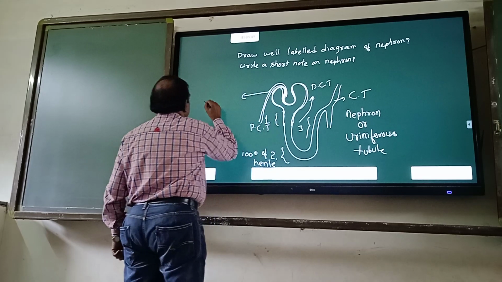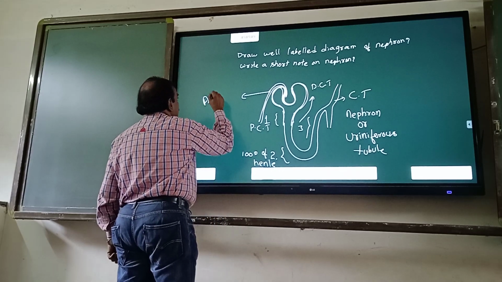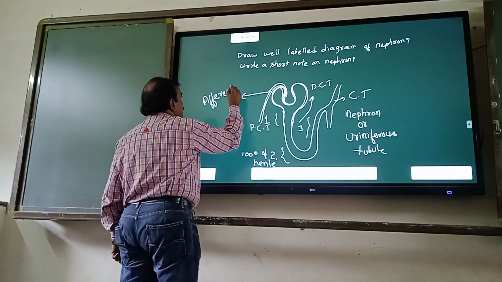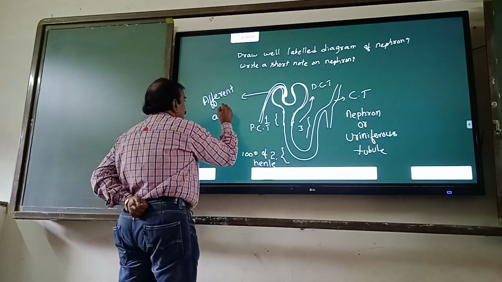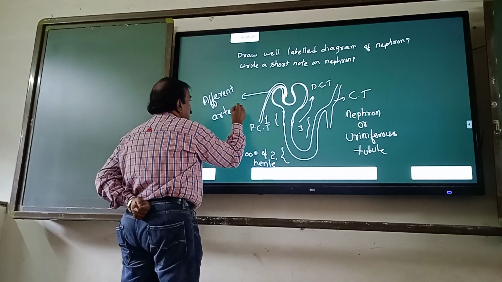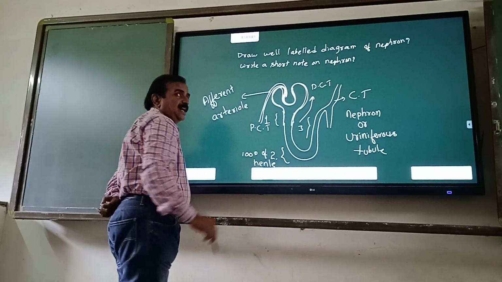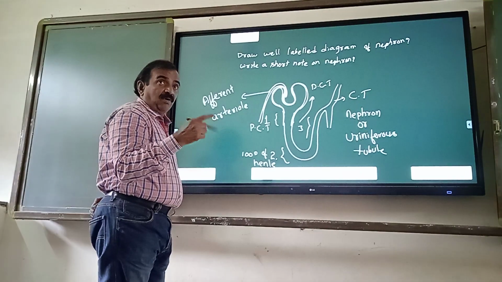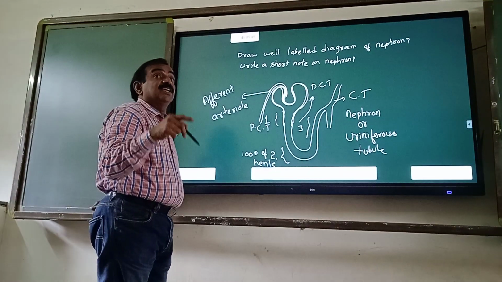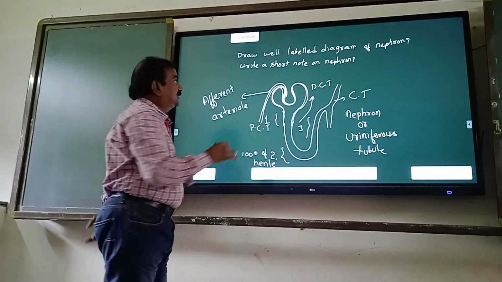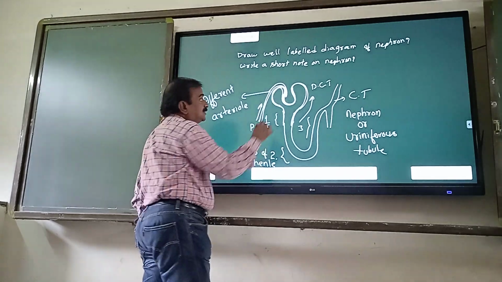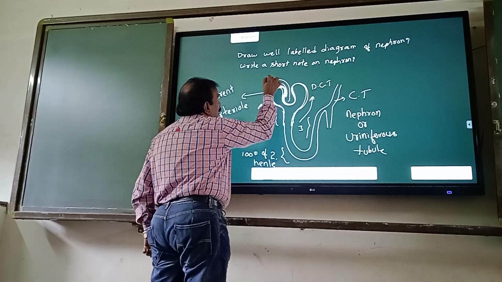A-F-F-E-R-E-N-T, efferent. Say arteriole. And this is the renal arteriole. It carries oxygenated blood and also impurities, that is, waste material, into this, which is called what?